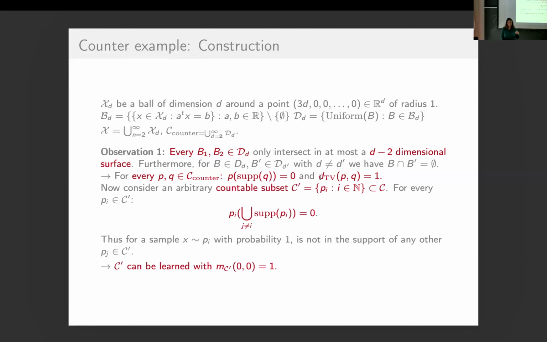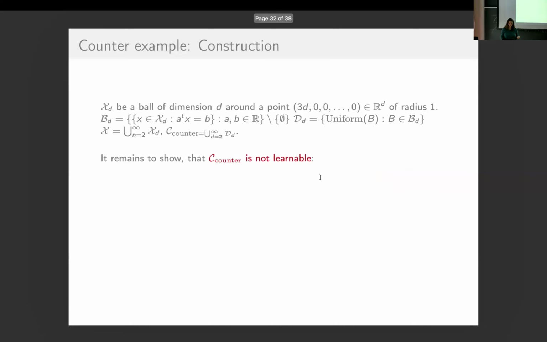Therefore, when we get one sample, then with probability 1, it is in a part of the domain that is unique to this probability distribution. So we can perfectly identify it, and we have a sample complexity of getting epsilon and delta down to 0 with one observation. On the other hand, this class is not learnable.